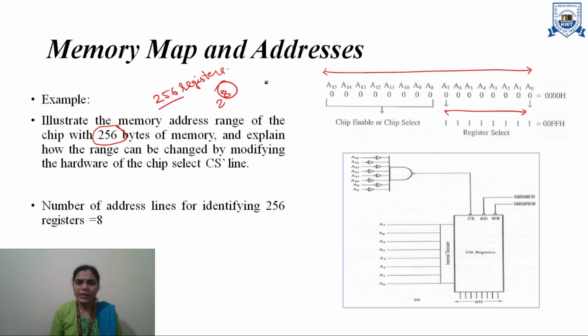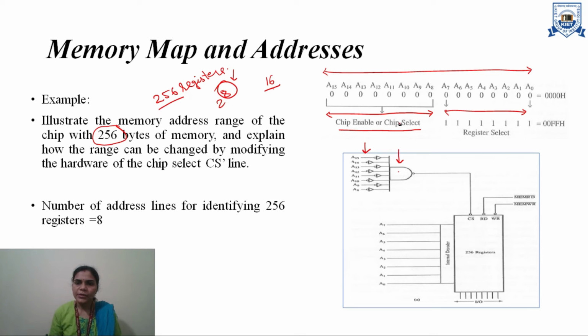And if we have 16 address lines, and out of them we are using 8 address lines for identifying registers, then the higher 8 address lines will be used for chip selection. The chip selection hardware will be configured with the help of NAND gate and inverters. So these 8 lines will be combined for chip selection with the help of NAND gate and inverters.